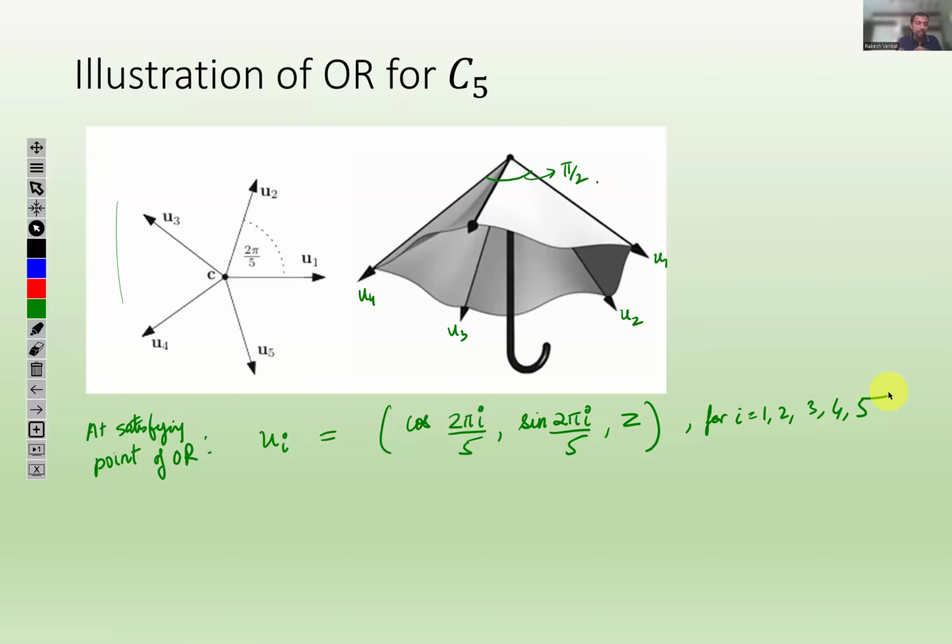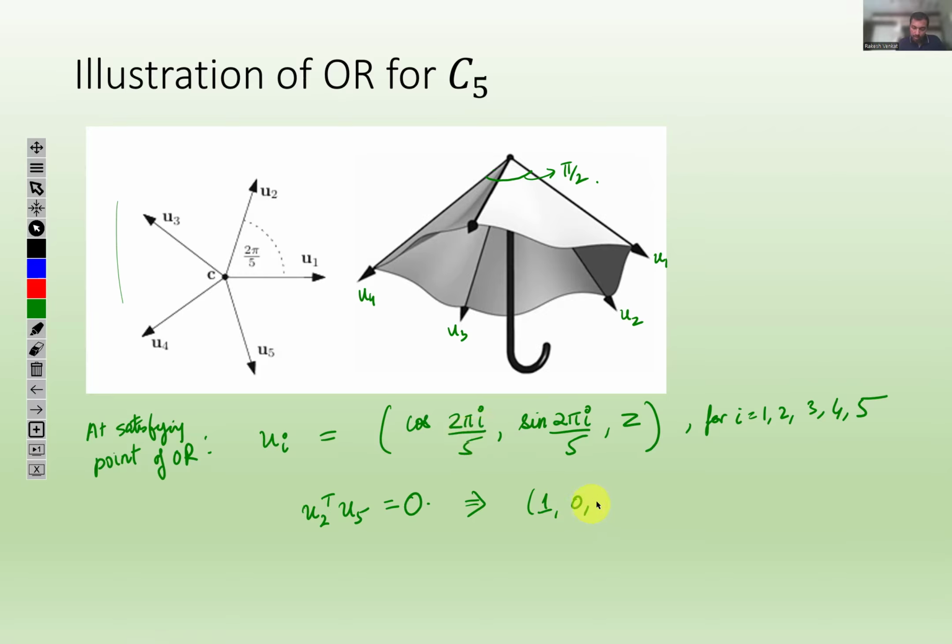it turns out that if you work this out at this point using these coordinates, you'll get a value of z. Let me just write it. So u2 transpose u5 should be equal to 0, and therefore this implies, if you put i equal to 5, you get cos 2 pi and sin 2 pi, right?